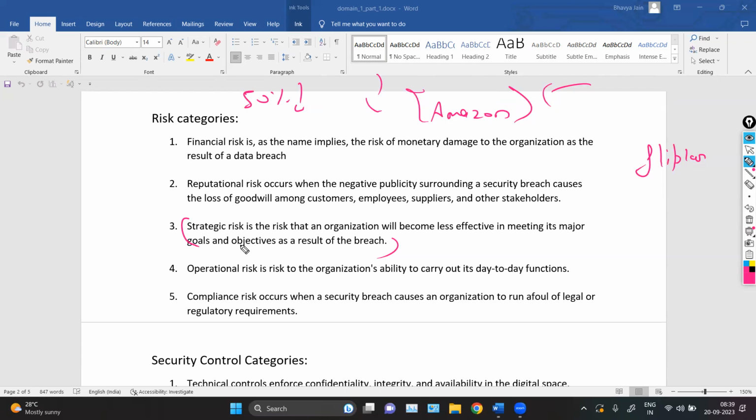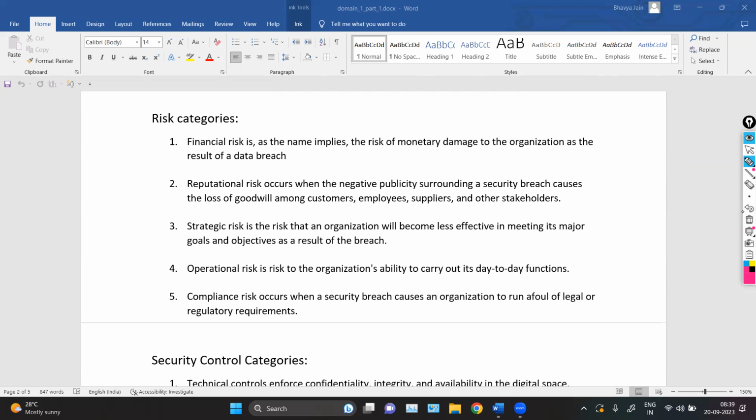So this is the strategic risk. Amazon now no longer fulfills its objective, no longer meets its goal because of that same data breach. So that is strategic risk, when the company faces risk in terms of its goals and objectives, and no longer fulfills them efficiently. Okay, that is strategic risk.